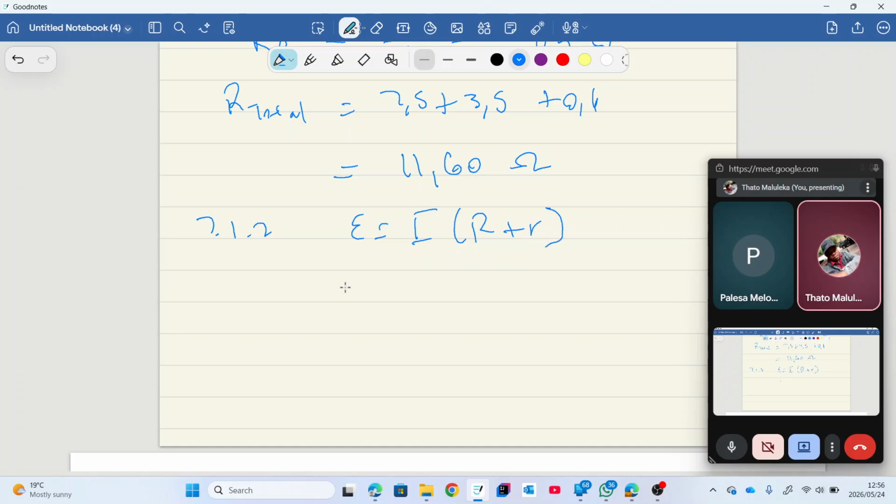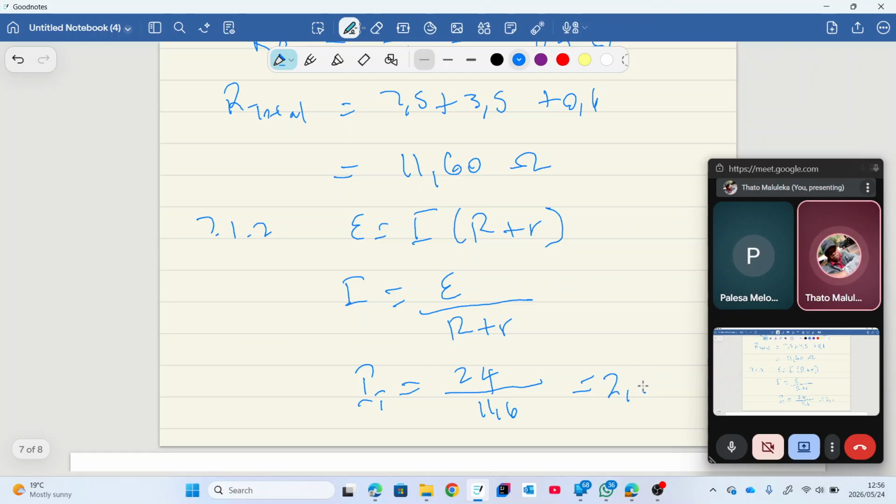So I total will be the EMF divided by the total resistance, which is 24 divided by 11.6. So I will get 2.069 amperes.